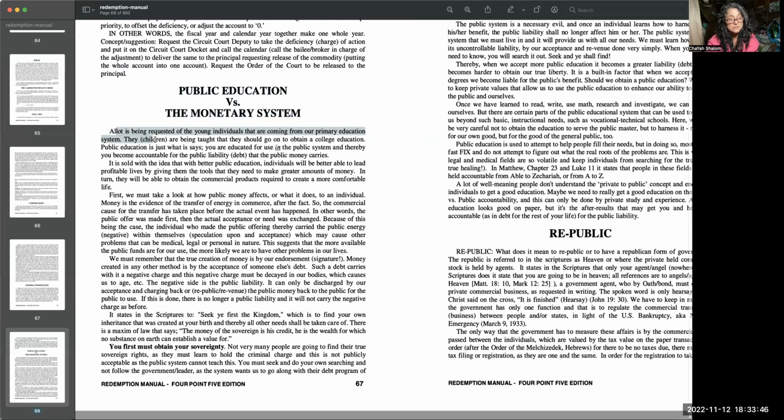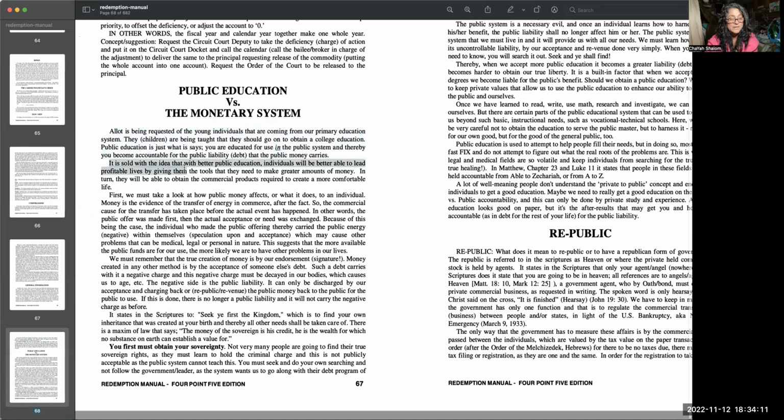They, children, are being taught that they should go on to obtain a college education. Public education is just what it says. You are educated for use in the public system, and thereby you become accountable for the public liability debt that the public money carries.